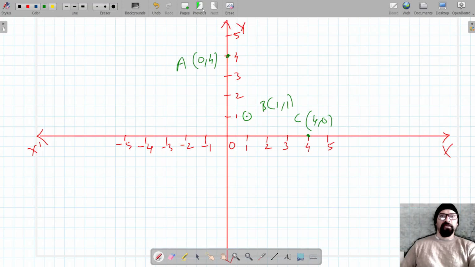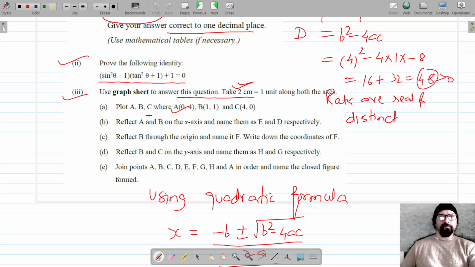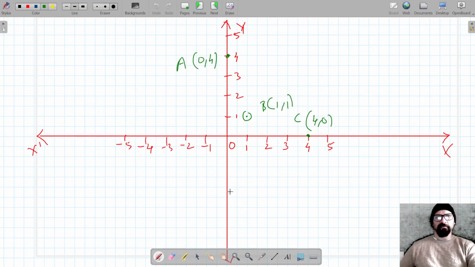Okay, now the next is to reflect A and B on the x-axis and name them E and D. So A has to be named as E. I'm going to reflect A on the x-axis. This is A, which is 0 comma 4.